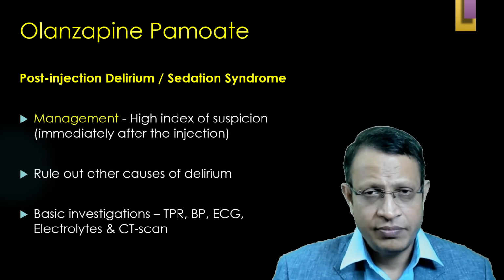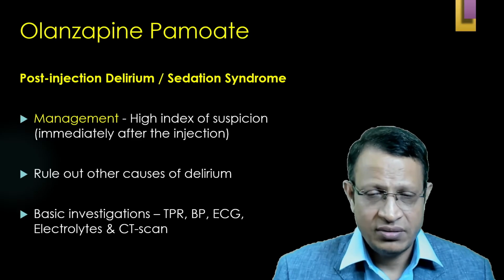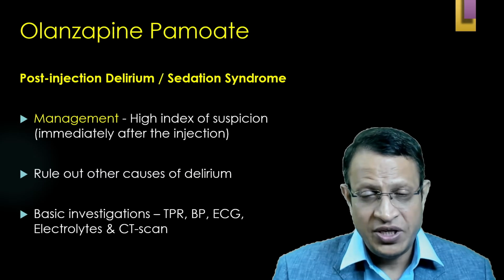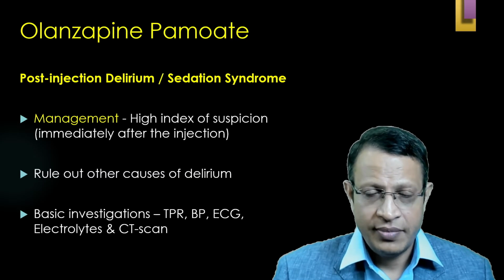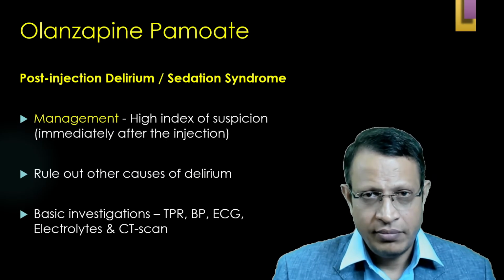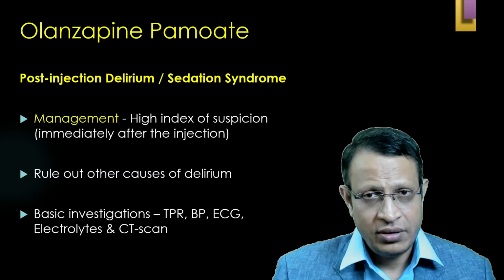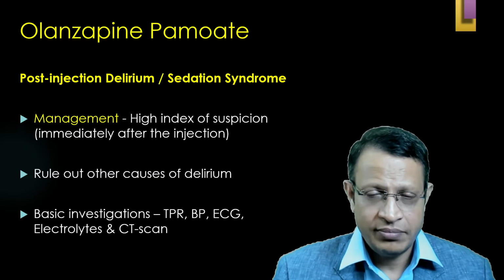How to manage? You need to observe the patient. Once you give olanzapine pamoate, for at least 3 hours a high index of suspicion has to be raised. If the patient has received olanzapine injection and goes into delirium, then of course it is olanzapine pamoate. However, you need to rule out other causes of delirium.